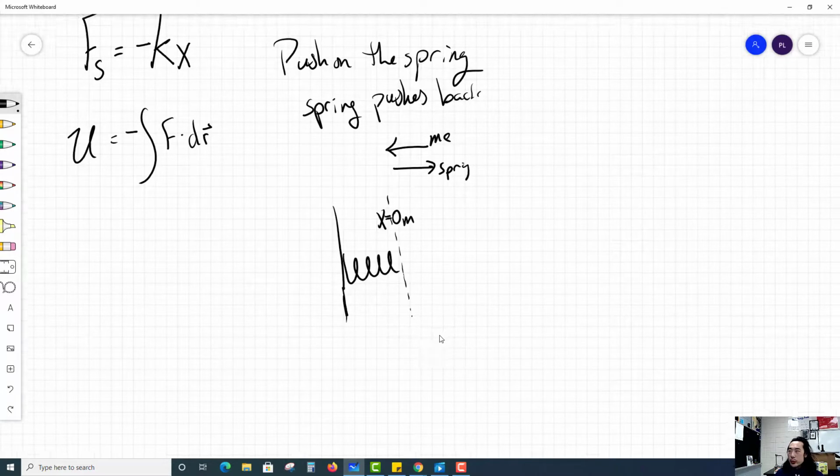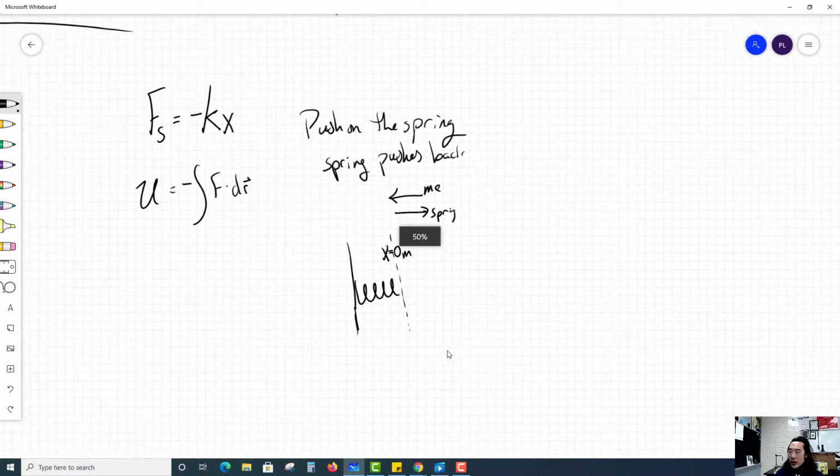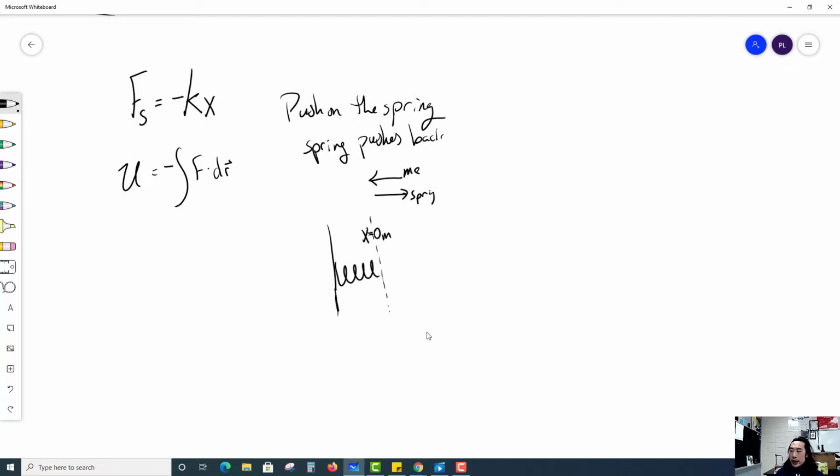The cool thing about a spring is that it doesn't matter if you stretch it or if you compress it, the x is actually an absolute value, and so the force will remain the same. It helps me if I sketch it. I'm going to stretch it out to a distance of x. So this is x final, and we'll call that x.